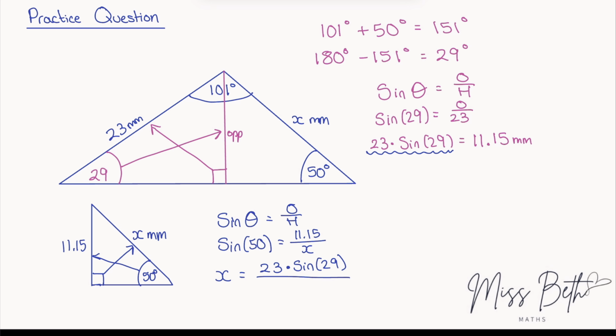Okay, the 11.15 came from 23 multiplied by sine 29, and then I'm going to divide that by the sine of 50. You're going to pop that into your calculator, and you should be getting an answer of around 14.5, okay. So x is equal to 14.556 millimeters, if we round that to 2 decimal places.